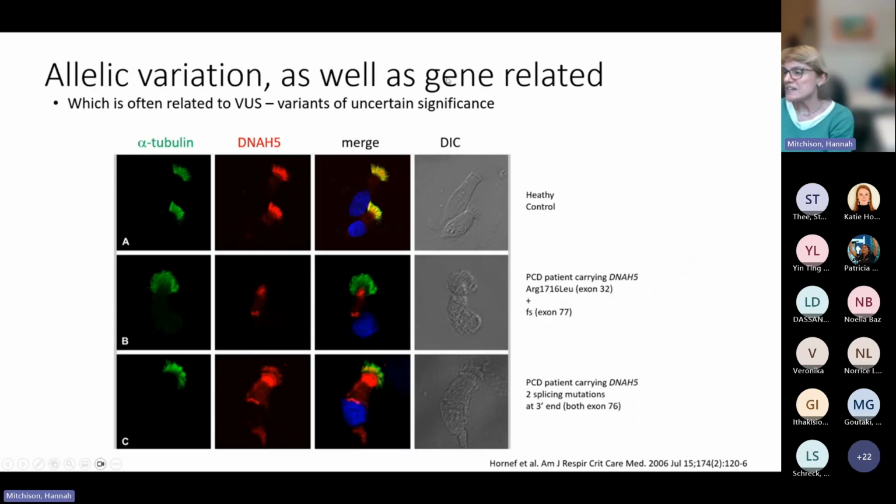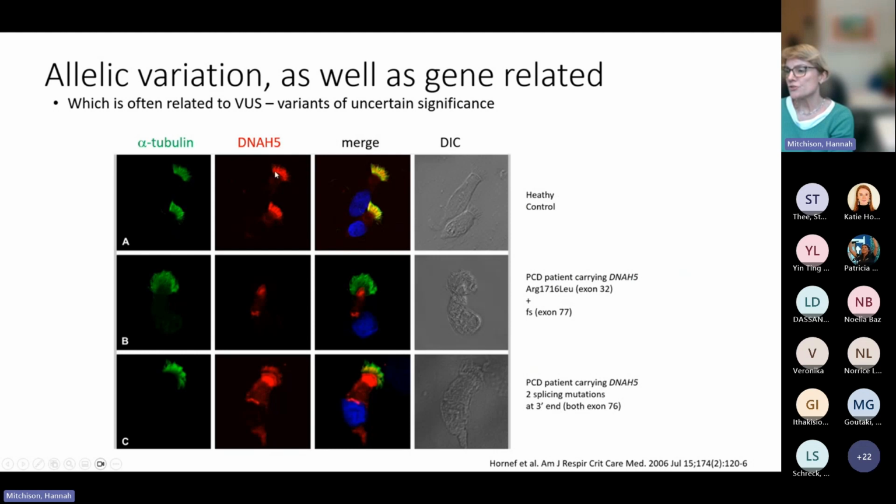As well as gene groups, there's of course allelic variation. So within a particular gene, for example, DNAH5 shown here, just a simple example from a little while ago, one of the original papers on DNAH5. Allelic variation means within that gene, different mutations can have different effects.